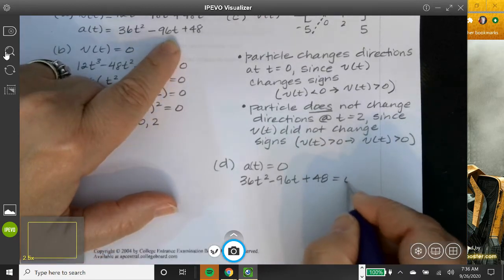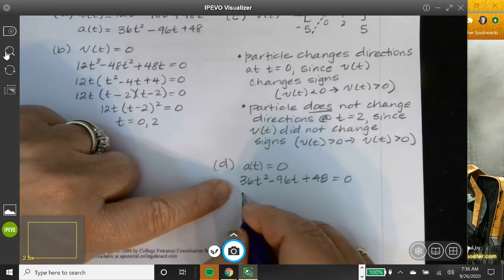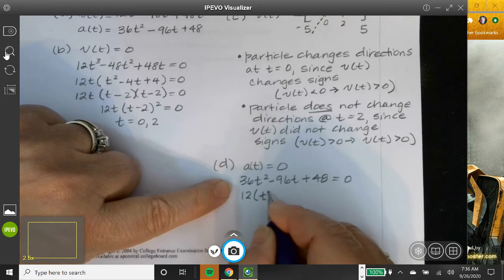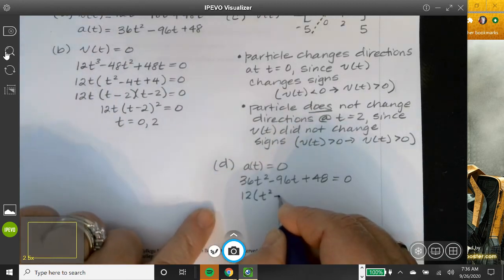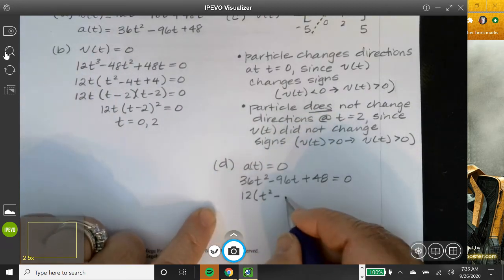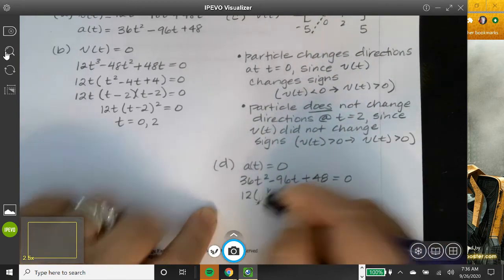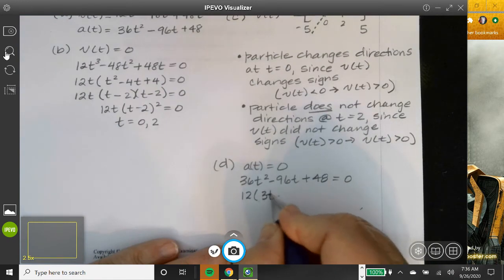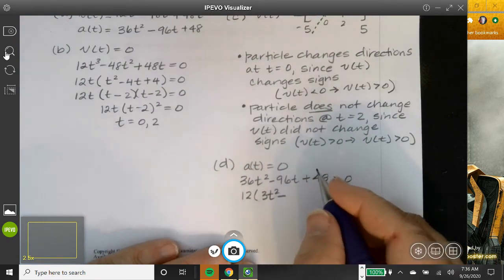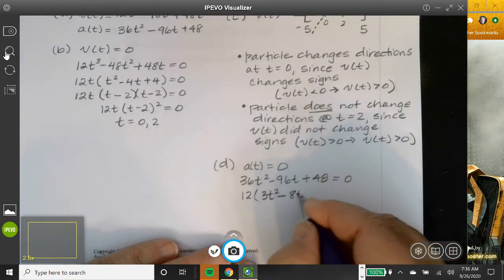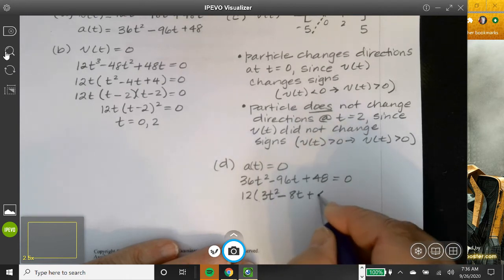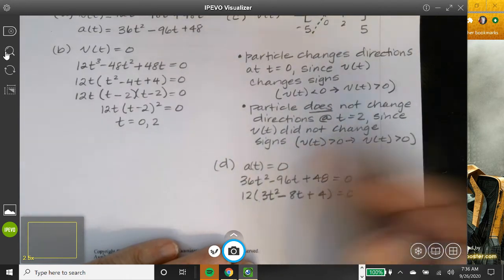And I'm setting that equal to 0. I can factor out a 12, and I'm getting 3t squared, right? Because when I factor out a 12, I'm still left with a 3. So 3t squared minus 8t plus 4 equals 0.